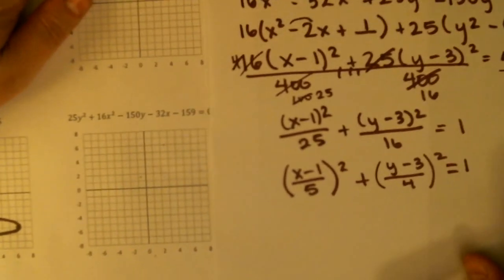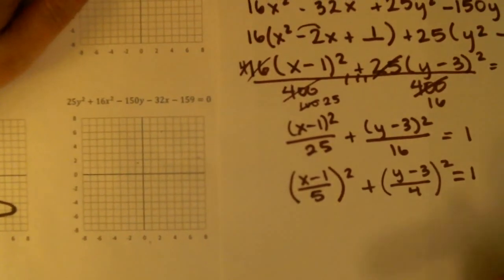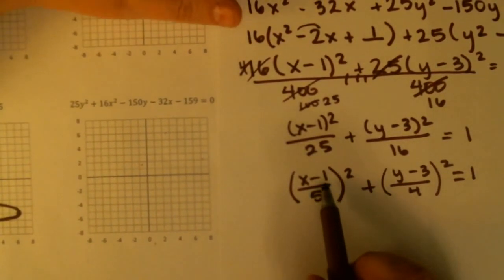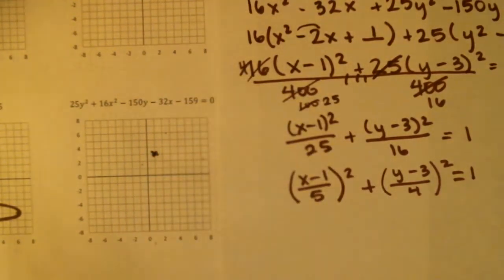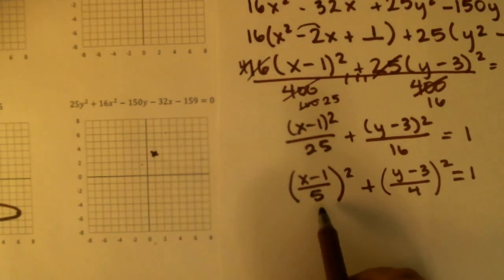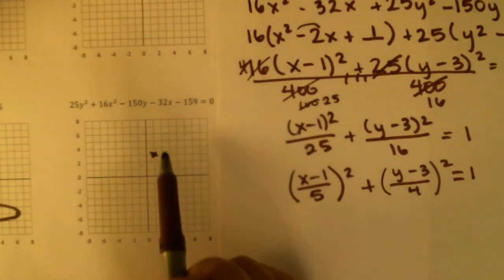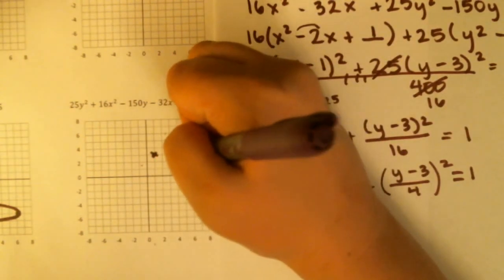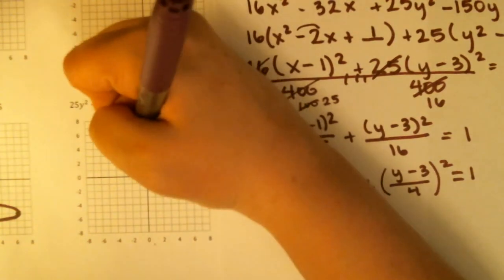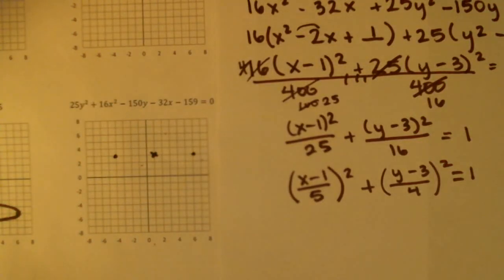Okay, so for this last one, I see a shift right by 1 and up 3. Right, so centered right here. And then I've stretched horizontally by a factor of 5, which means instead of going out 1, I'll go out 1, 2, 3, 4, 5, and 1, 2, 3, 4, 5 to get to the far ends of this ellipse.